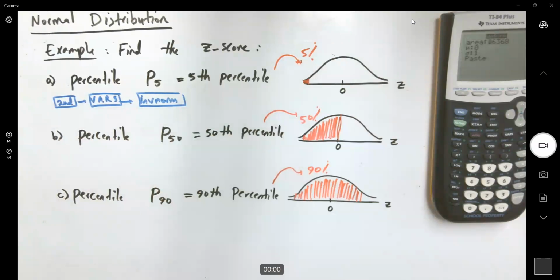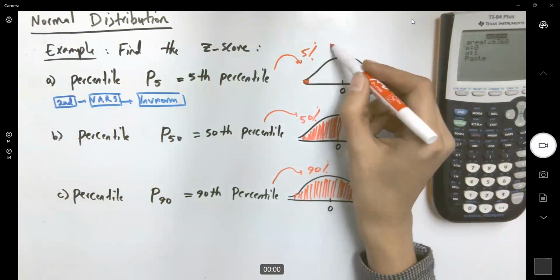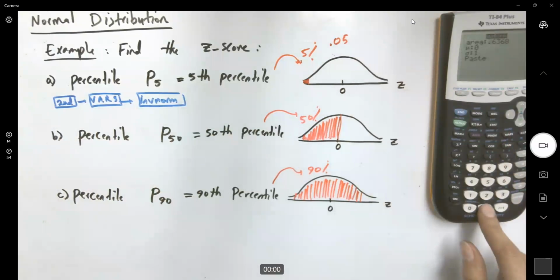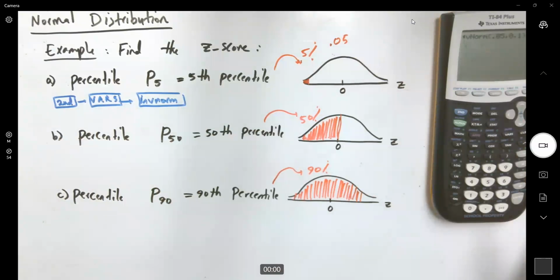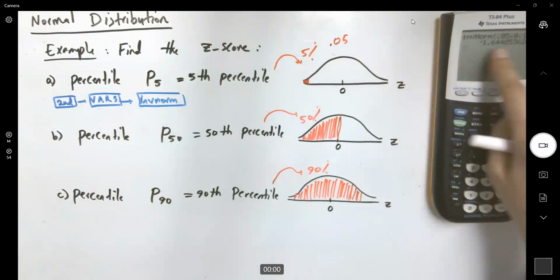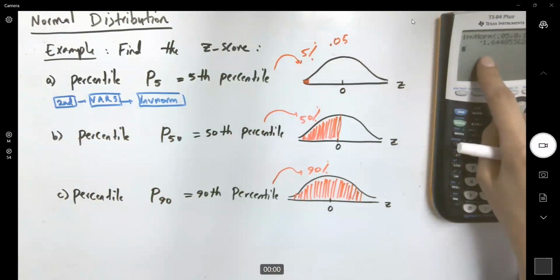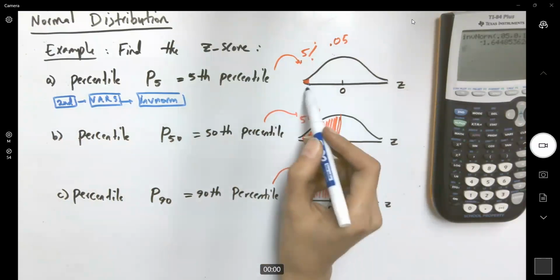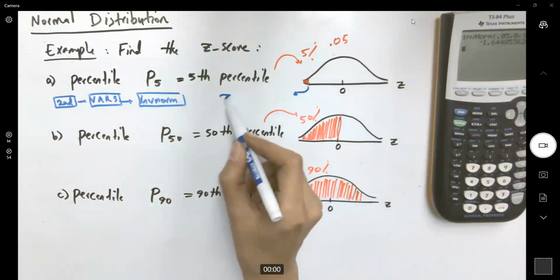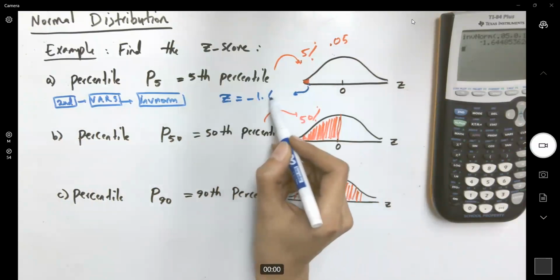Convert this into decimal, 0.05. Mean is 0, standard deviation is 1, and then boom, we have the Z-score, which is negative 1.64. Z equals negative 1.64.